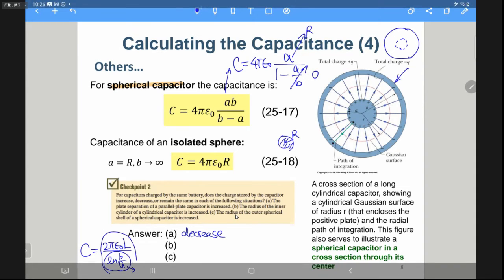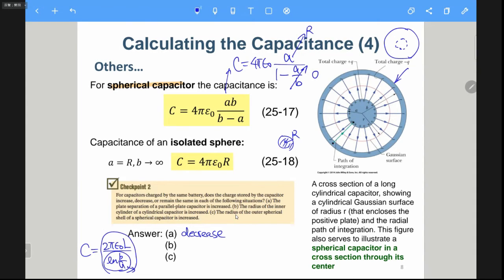Sorry, A increases, the log term decreases, and then the whole term increases. Yeah, increases.